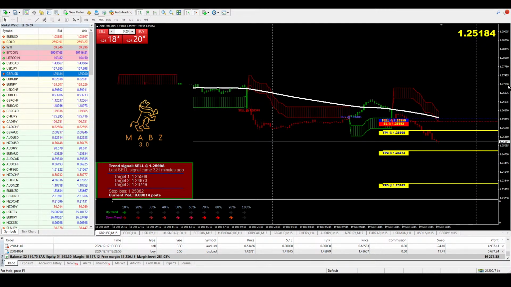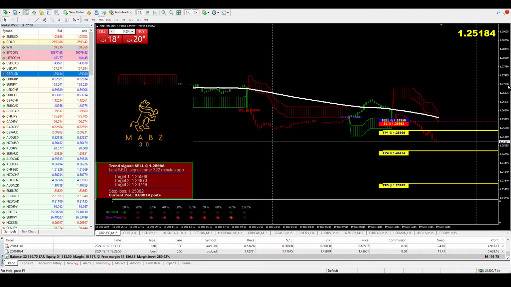I want you guys to picture something in your heads. When you're trading, remember that saying, the trend is your friend. You want to trade in the direction of where the market is flowing. So if the market looks like it's in a downtrend and pushing down, the best thing you can do is open a sell trade.